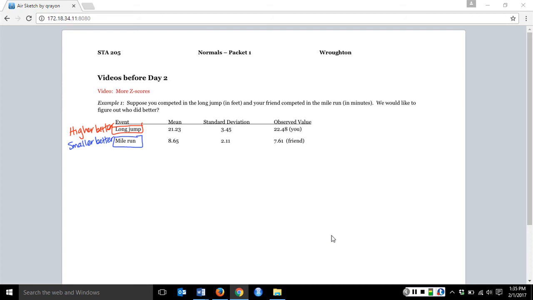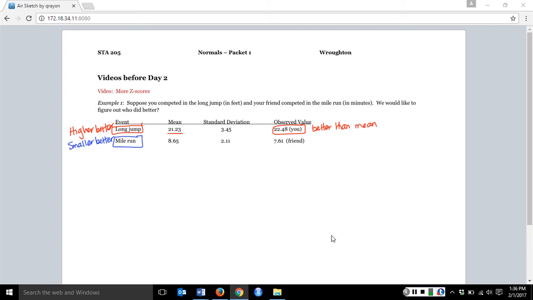Now that I know what is actually better for each of my events, I can look at our and our friend's values. If we look at our value for the long jump, we jumped 22.48 feet. The average was 22.23 feet. So we did do better than the mean because we jumped further than the mean.